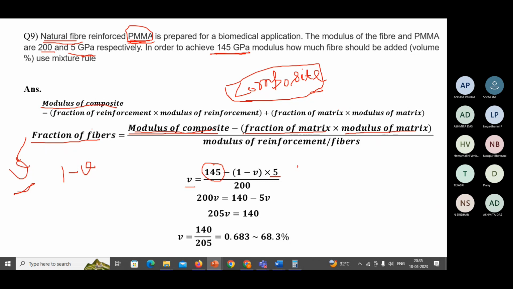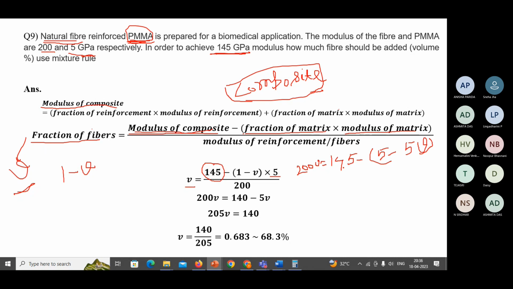After the cross multiplication it comes as 200V equals 145 minus, if we multiply these two terms, 5 minus 5V.